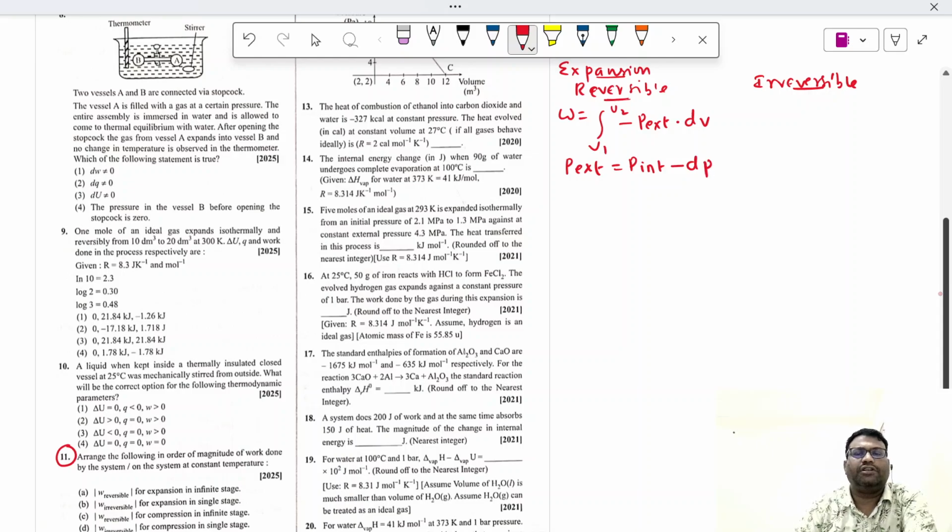That means internal pressure is infinitesimally greater, dP meaning an infinitely small amount of pressure. Understood? So that means P external is almost equal to P internal here. Right? So for example, let us consider.